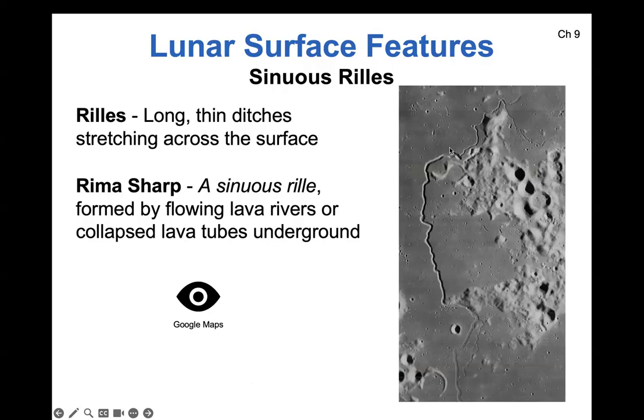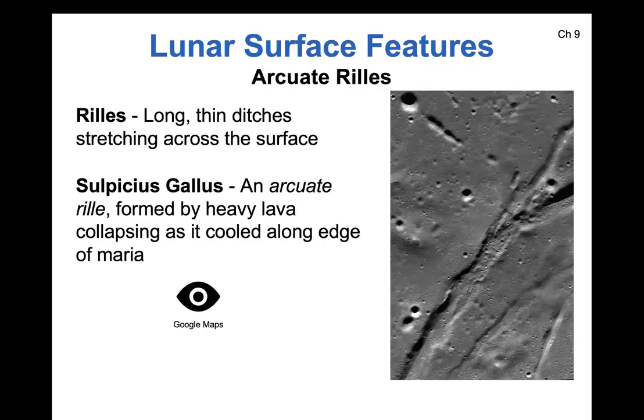It should be called the Rima Wiggly, but it's named after a person named Sharp. In both cases, the actual origin of the structure could be quite different, so the name only represents the appearance rather than what made them. But they are a defining characteristic of the surface of the moon.